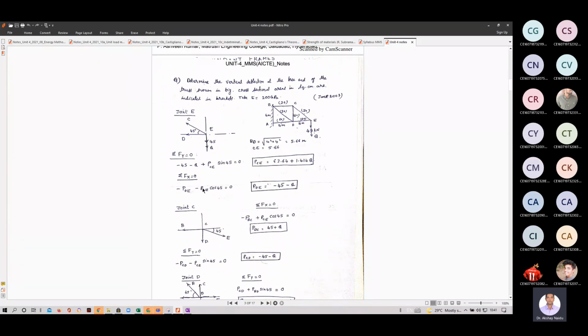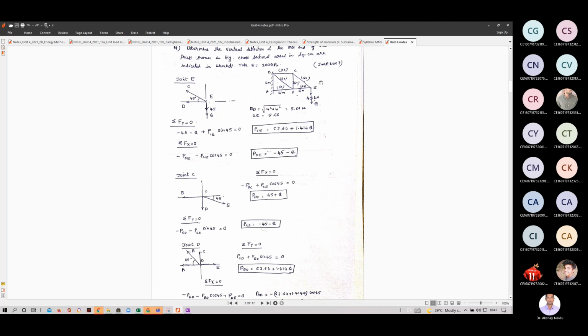So this you write as 45 minus Q from here. So PDE will be 45 minus Q. You just have to check the signs properly, that's all. Correct, minus 45 minus Q.